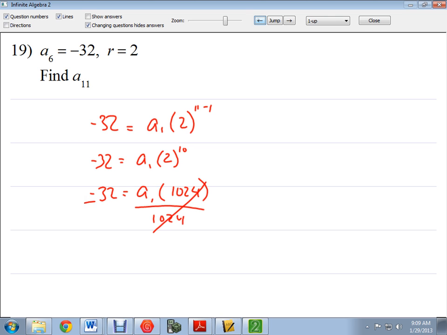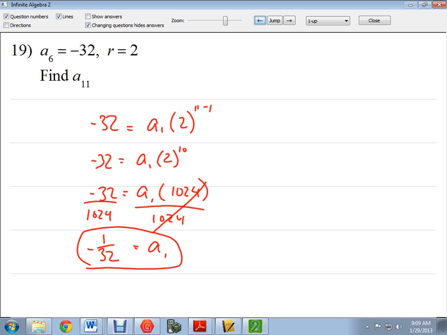This is going to be a really small fraction, but it is what it is. a1 is equal to negative 32 divided by 1024, which is a very small decimal, and so then we will need to convert that back into a fraction. We can also divide 32 and 1024. We can simplify that fraction, and that'll be 1/32. So negative 1/32. This is your a1.